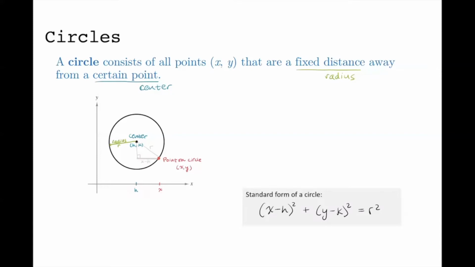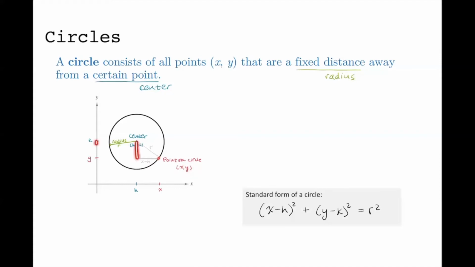We can do the same thing for the vertical length here, or the length of the other leg. So we want to find this distance. On the y-axis, the height there is the y-coordinate of the center. So this is k. Then the y value here is, I don't know, we're just using this point as an example, y is what we're calling it. So let's label that as just y.